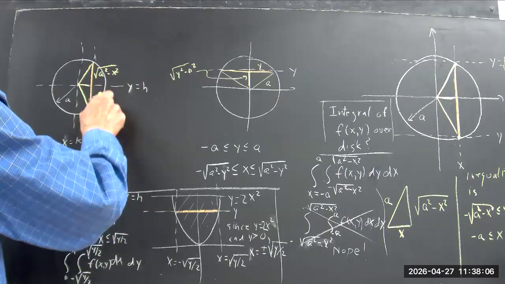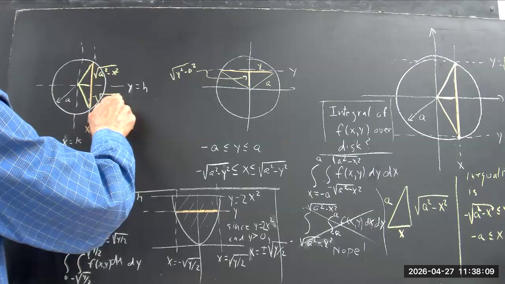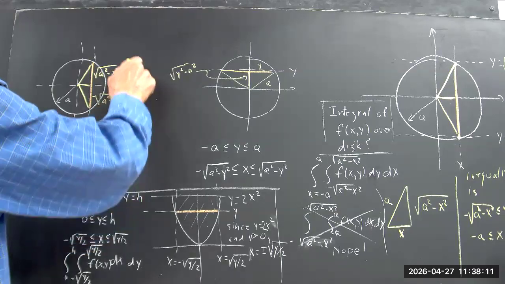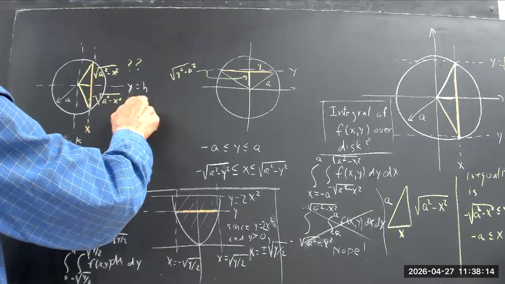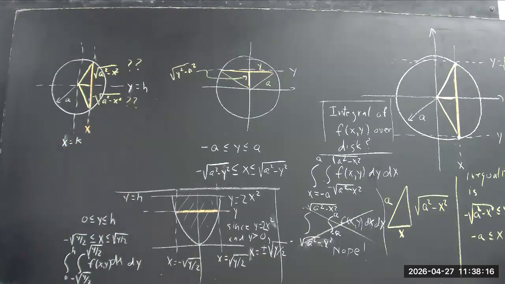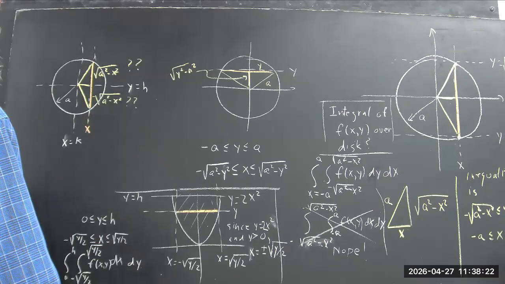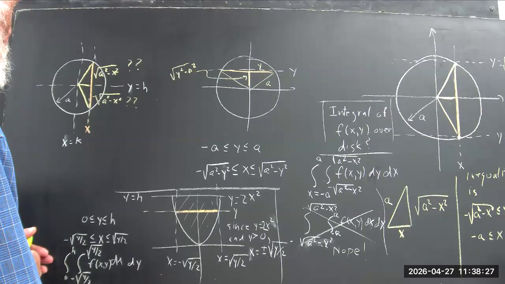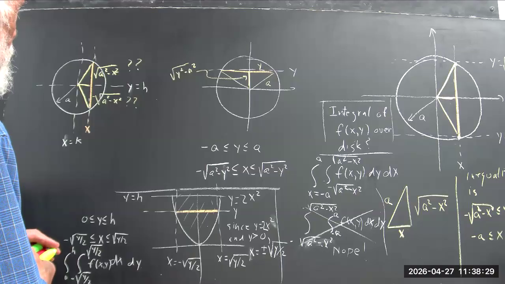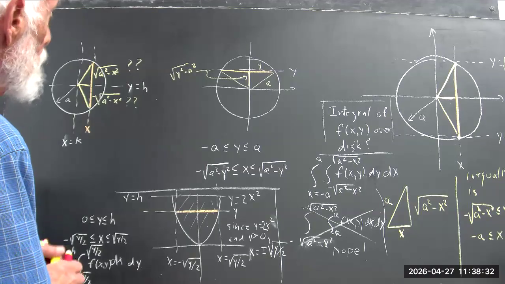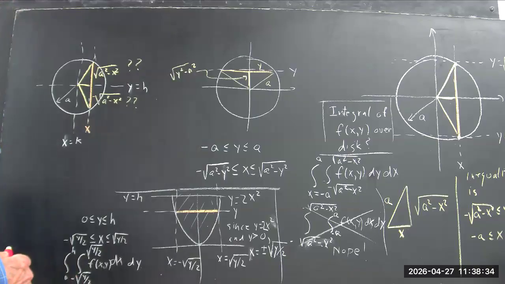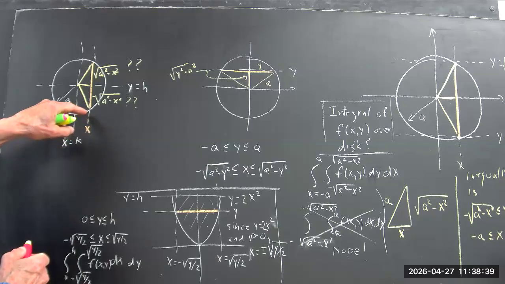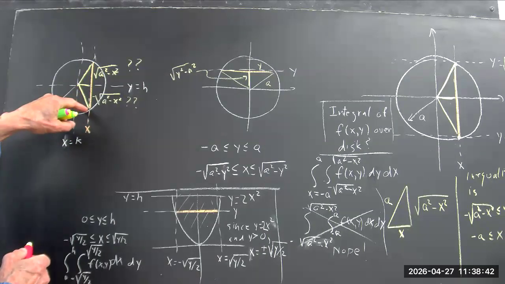Is that right? Well, it might be a little bit confusing, but yeah. This isn't quite right. Okay. Put x coordinate x here. Radius is a.